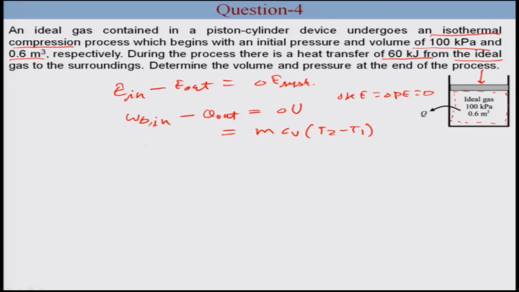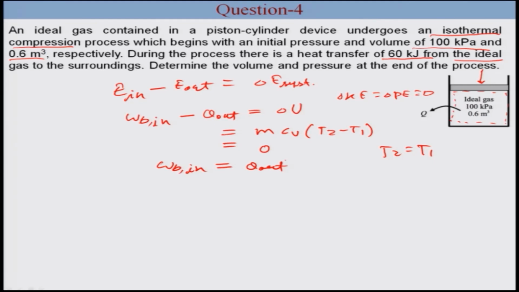Okay, so from here, since this is an isothermal process, this will be 0 because T2 equal to T1. So from here we get W in will be equal to Q out, that is, total work done on the system is equal to total energy coming out of the system.